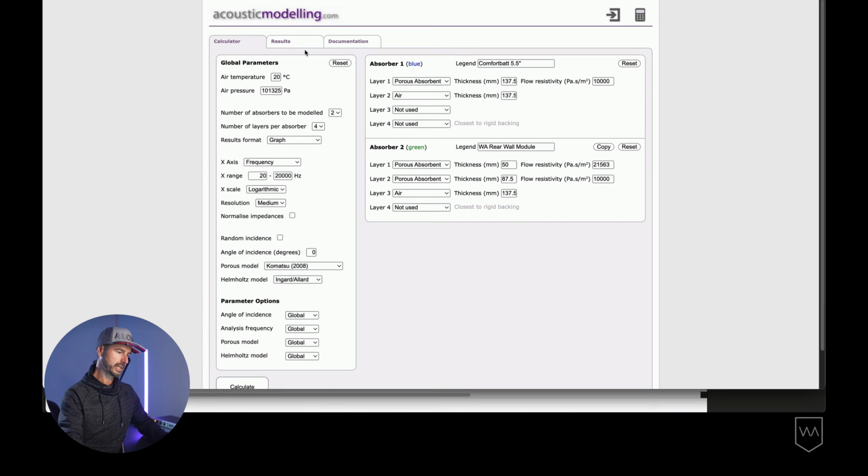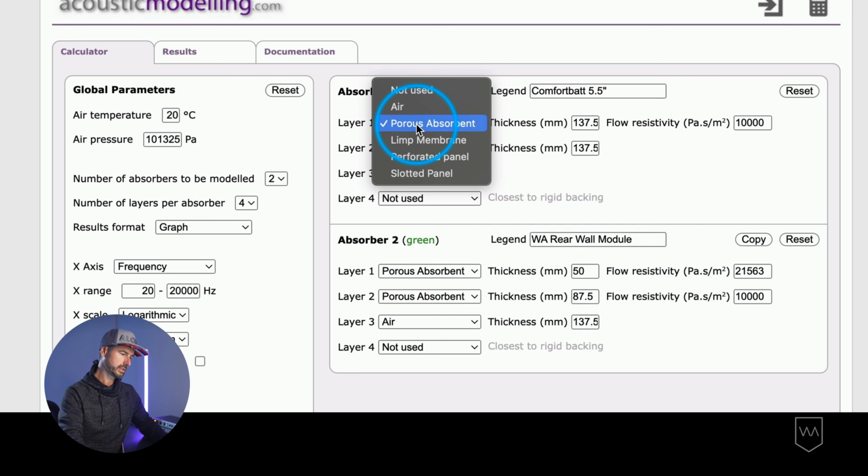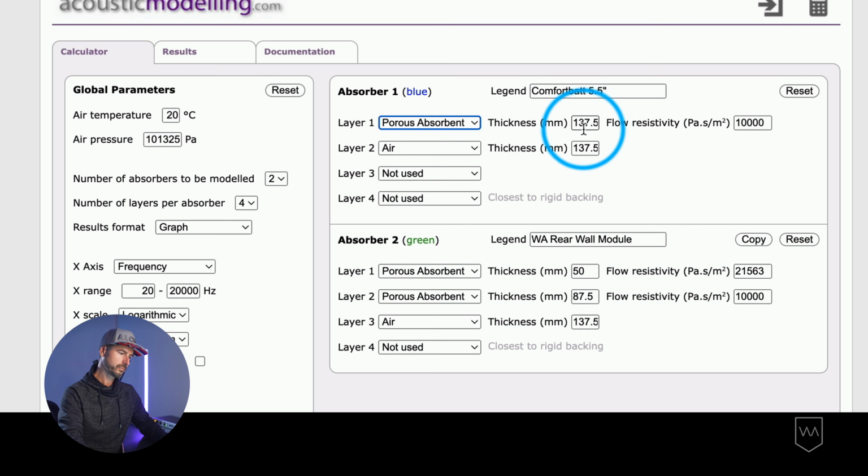Okay, so if we go over here and take a look at the modeling, you type in porous absorption, that's the layer, then you give it a thickness in millimeters, and then you give it a number of rayls, or Pascal seconds per meter squared, and it's 10,000. All I have that for is Rockwool Comfort Bat.